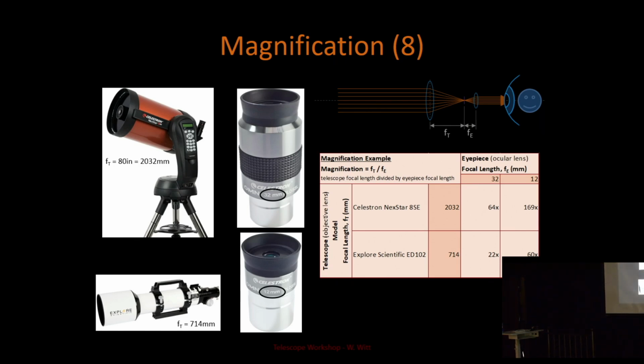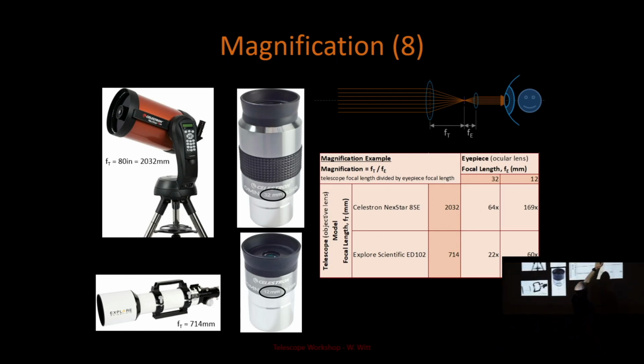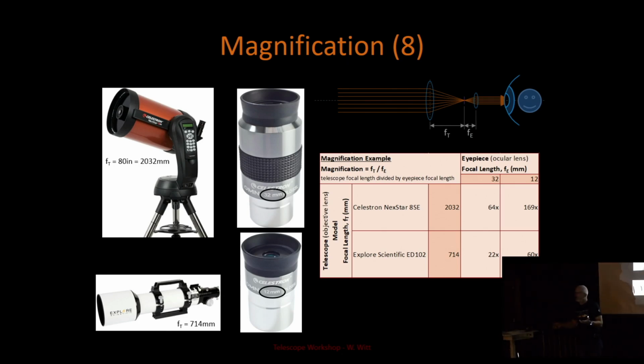That's what this table is doing. Here is the NexStar, about 2,000 millimeters focal length for the main telescope, and then 32 or 12 millimeters for the eyepieces. With this combination, we get 64 times magnification, just doing this division. And here we get 169, or almost 170. Is that making sense? Okay.